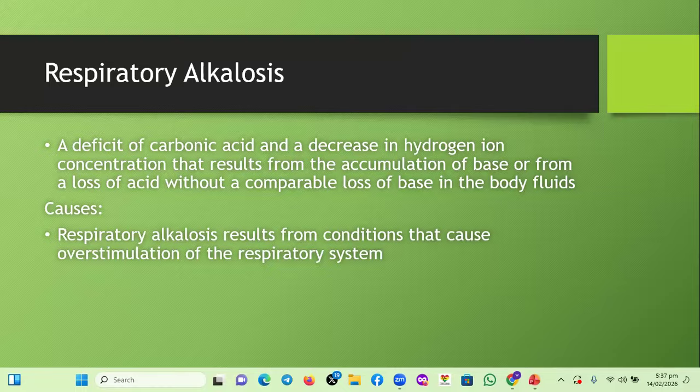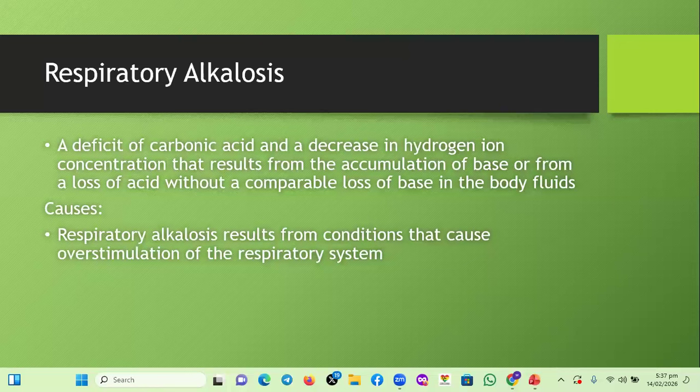Okay, so someone talked about pain, someone talked about fever, someone talked about panic attack, or when an individual is anxious, the person is breathing fast. The person brings out more carbon dioxide.